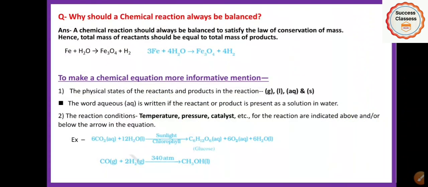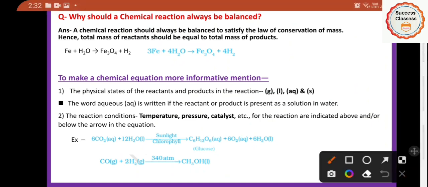Now the question comes: why should a chemical reaction always be balanced? A chemical reaction should always be balanced to satisfy the law of conservation of mass. That is, the total mass of reactants should be equal to the total mass of products. So here we can see the example: Fe plus H2O gives Fe3O4 plus hydrogen.